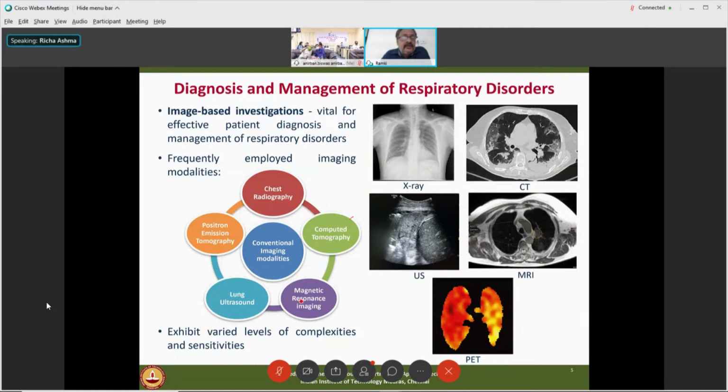Then you have lung ultrasound, which has become secondary to chest X-rays, and we have positron emission tomography. These are the modalities now widely used to analyze changes happening in respiratory function.